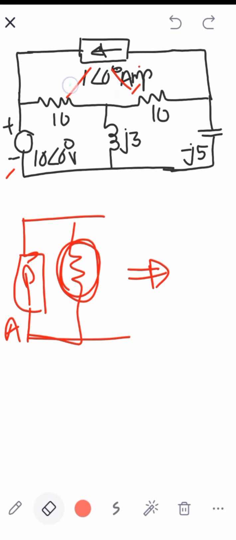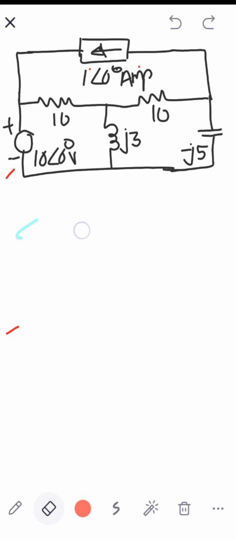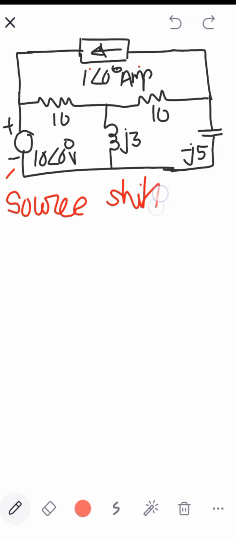So we will use a concept that is source shifting. See, this ampere source is connected across a 10 ohm and 10 ohm, but in between there is a node. We can shift it using the node.